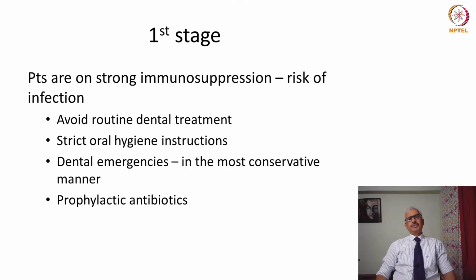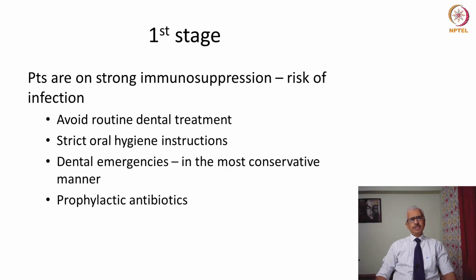Now, when the patient presents to us in the first stage, the single most important factor to consider is immunosuppression. For the first 6 months, these patients are on strong immunosuppression, and therefore they are at a very high risk of infection. Therefore, we avoid any routine dental treatment and we reinforce oral hygiene instructions.